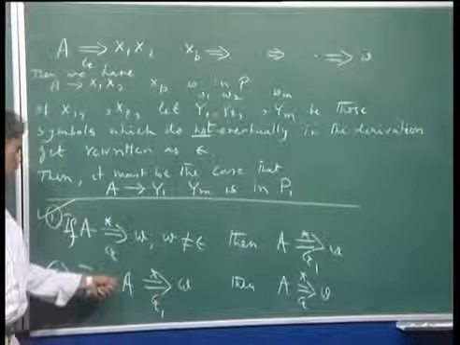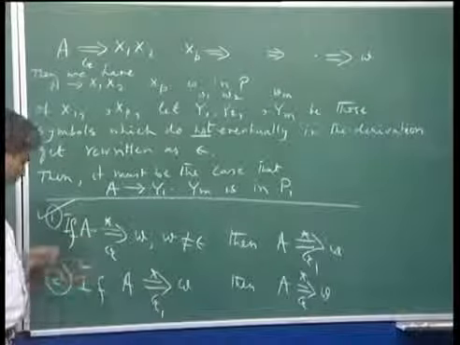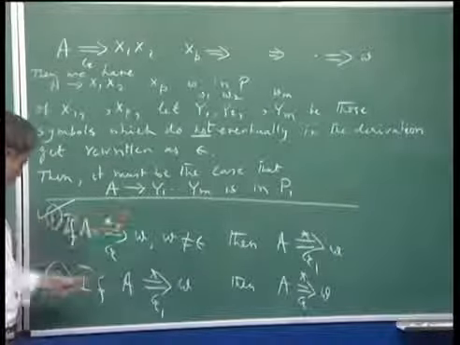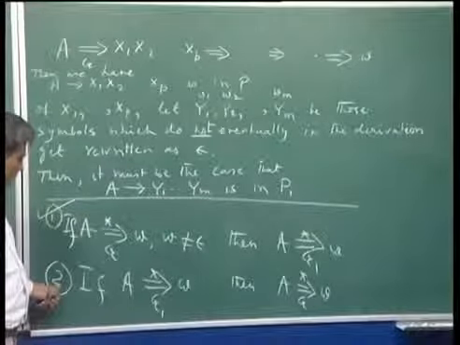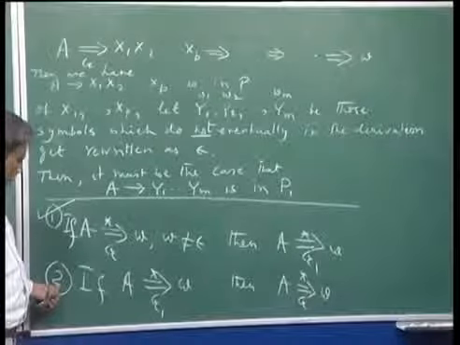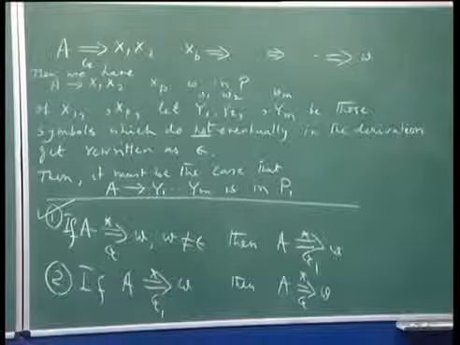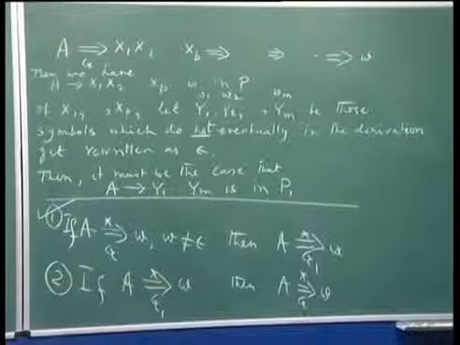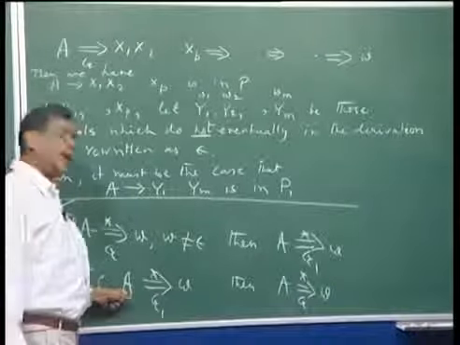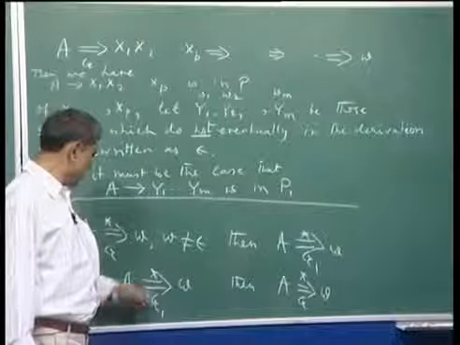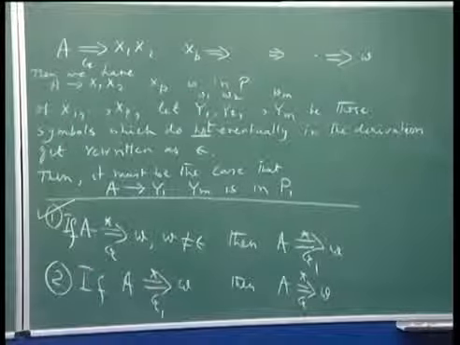So suppose we have that this result is true for all derivations of length n or less for the grammar G1, then I need to show that suppose I derive some W from some non-terminal A in n plus 1 steps in G1, then I should be able to derive that same string in G also.